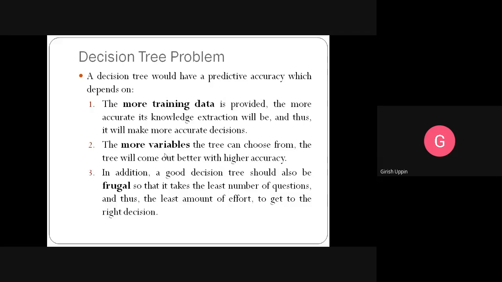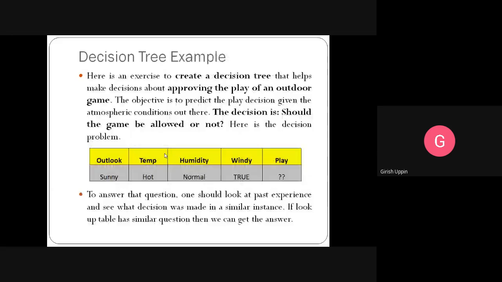At the same time, more variables make the tree more complex, so we should have a frugal number of questions and branches, where the tree spends the least effort in giving the right decisions. It depends on what kind of questions are framed, and how you put the very important questions at the top, which have mutually exclusive data and result in a decision with a narrower path.